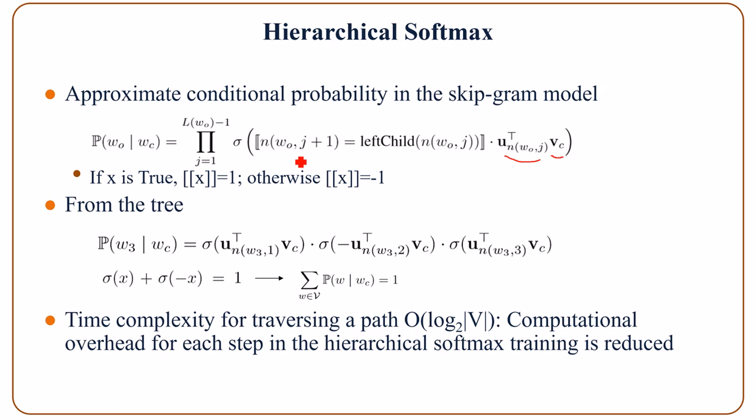Traversing the tree from the root down, if we traverse to the left, then this term is positive, otherwise it is negative. For the context word WO, we traverse from the root until the node just before it.